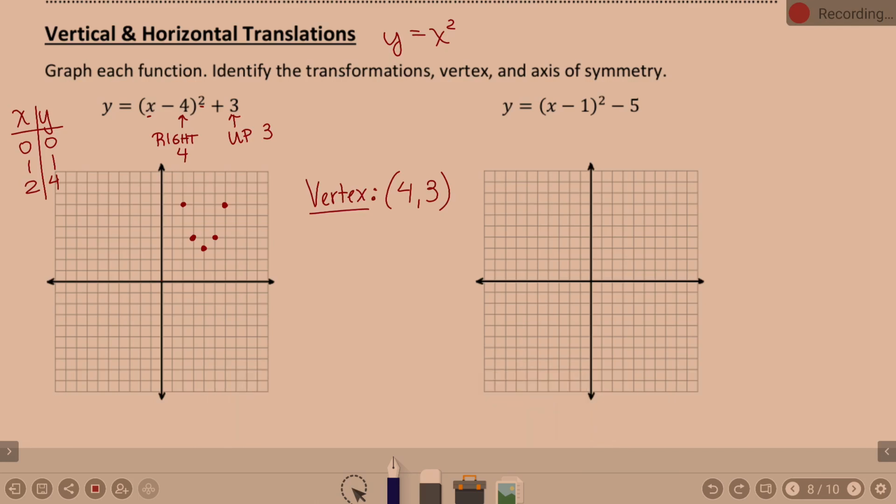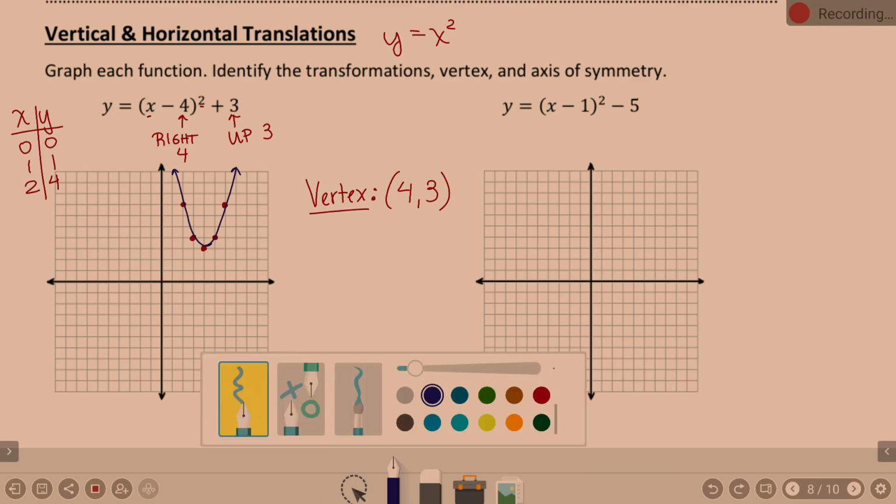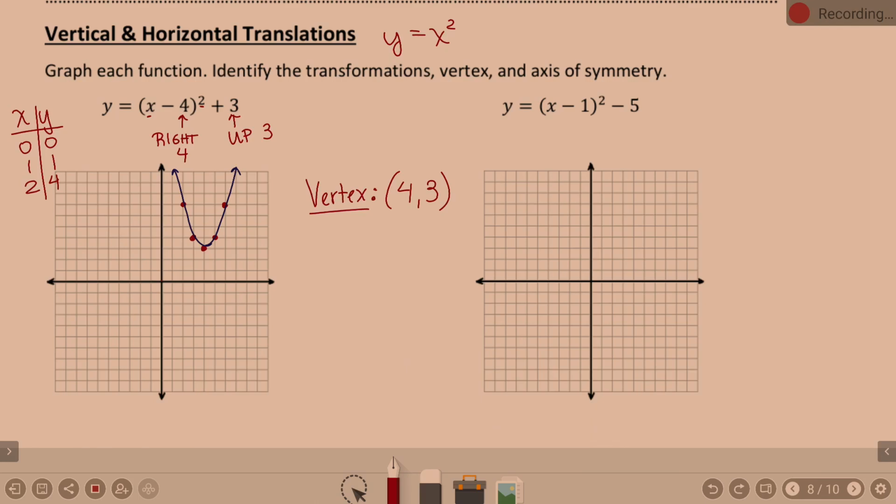And does it look like a parabola? It should. Again, reminder: try and make it curvier and not pointier at the vertex. Okay. 2 other things. We did the vertex.